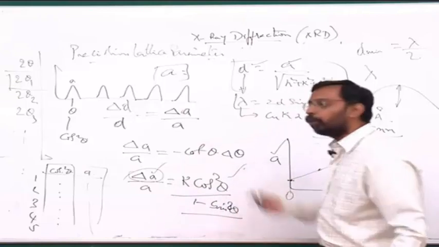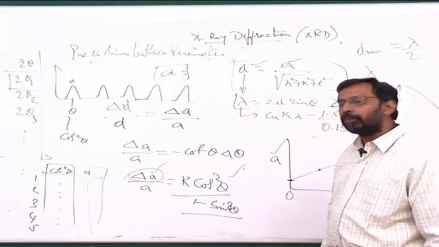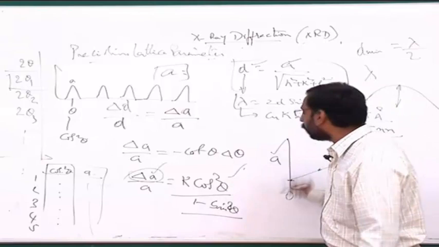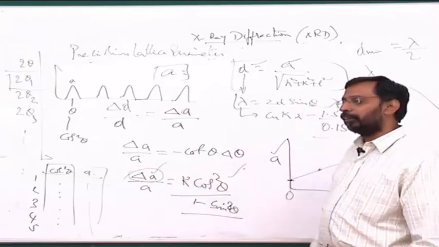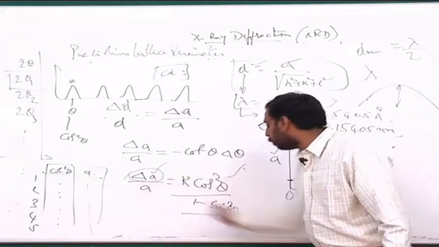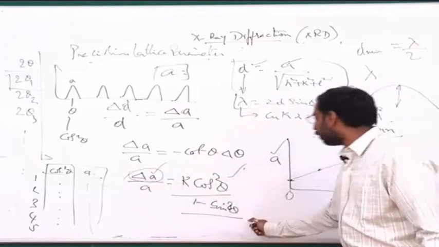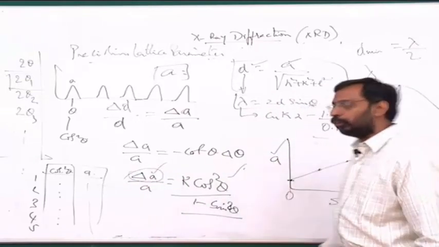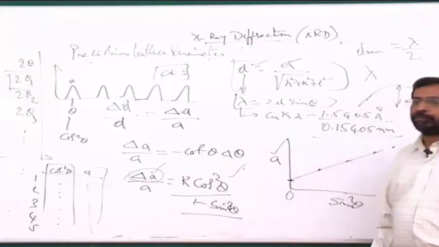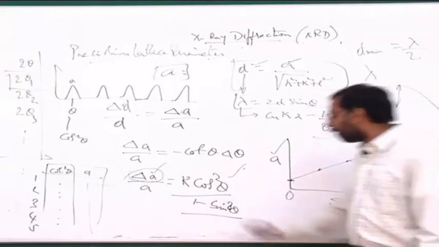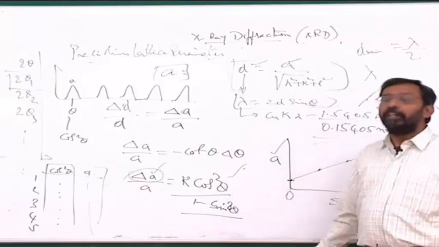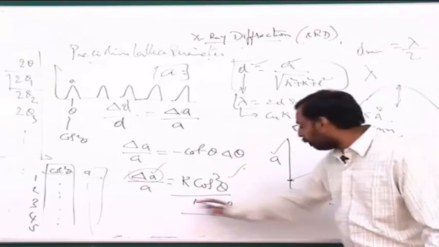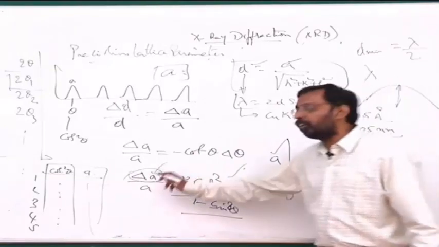That will go only into the intercepts, and there is no problem. So the intercept gets modified a little bit, but you can in principle use A versus sin square theta and then again wherever that sin square theta goes to 0, you can find that out. Or wherever sin square theta goes to 1, in principle you can also do that, because 1 minus 1 is 0, so A is.